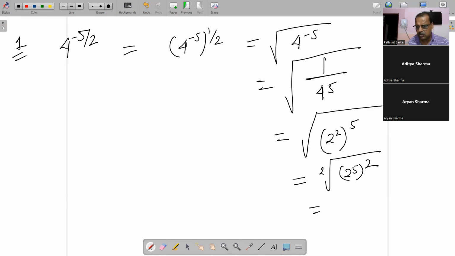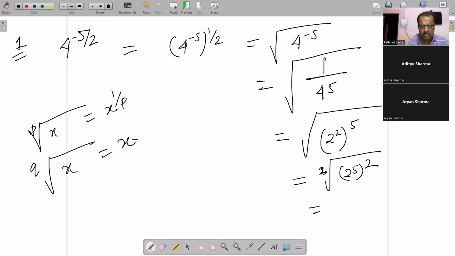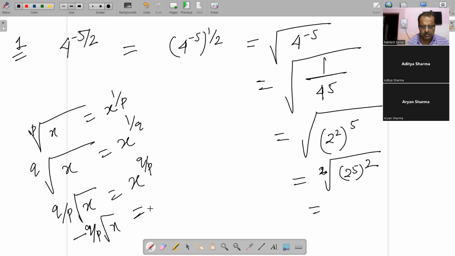Now here it is 2, because whether you write 2 or not, basically if you write x with p as the root, it means x to the power 1 by p. If you write q, so x, that means it is x to the power 1 by q. If you write q by p, cube root, that means x to the power q by p. If you write minus q by p in this way, it is x to the power minus q by p.